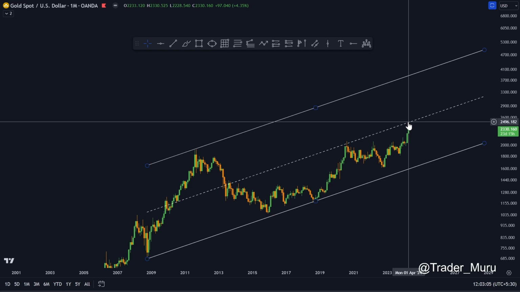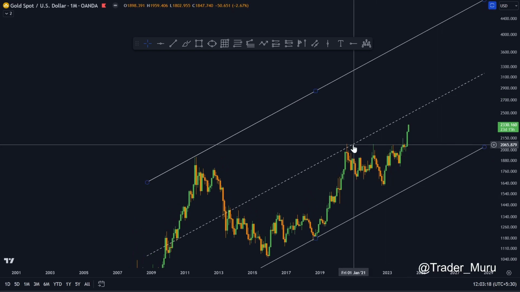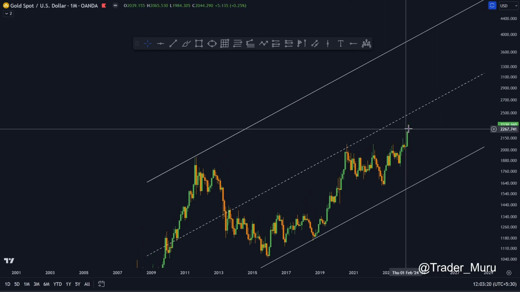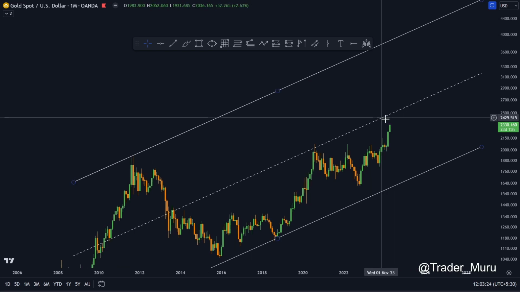You can see this in the price line, 2496 to 2500. Gold can tap this level very soon, but before that we can expect a tap at this level, or it can just tap at 2500.